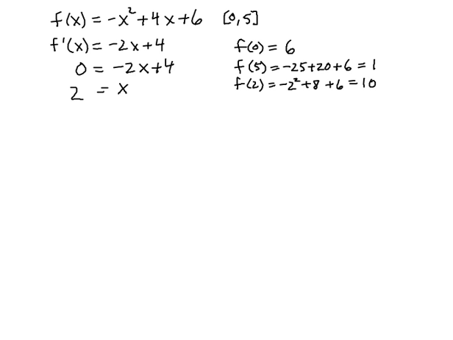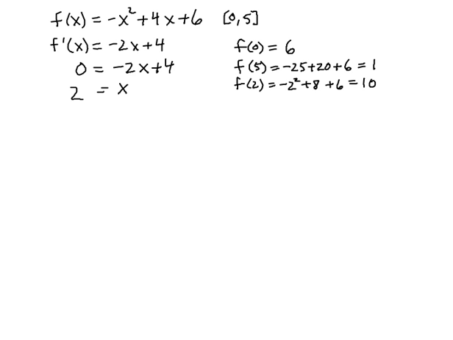Now, from this, the absolute maximum is 10, and it occurs at the domain value x equal to 2. And the absolute minimum is at an endpoint. The absolute minimum is 1, and it occurs at 5.